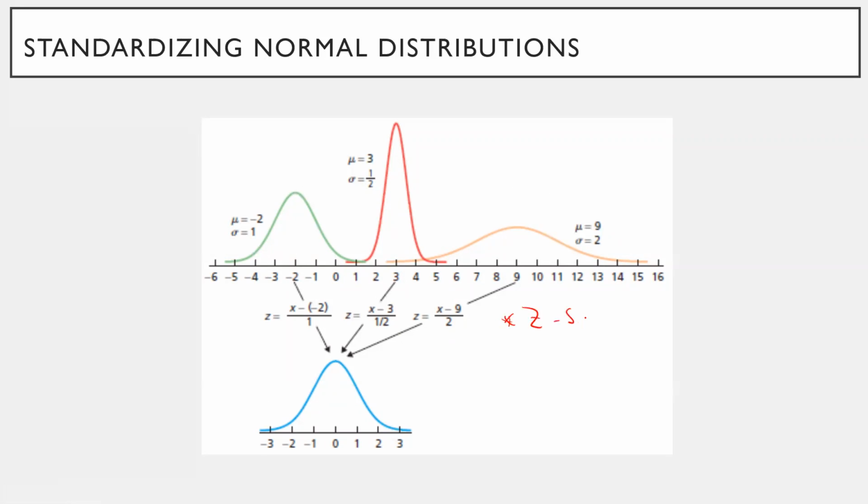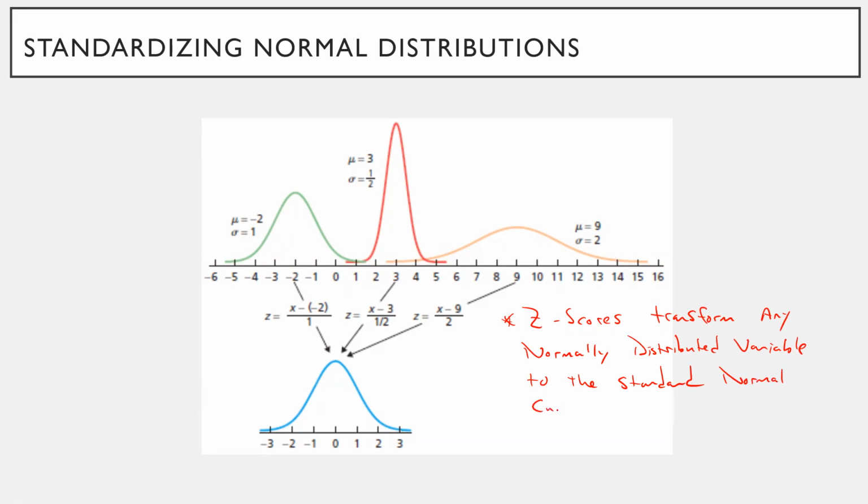So these z-scores transform any normally distributed variable to the standard normal curve.